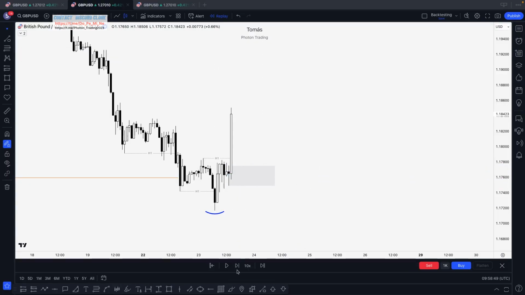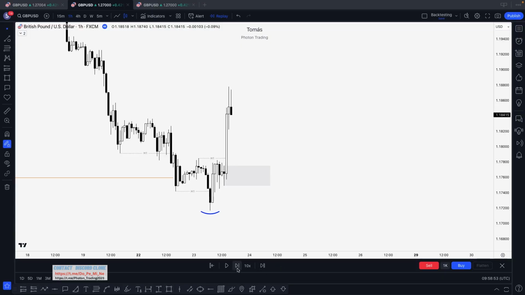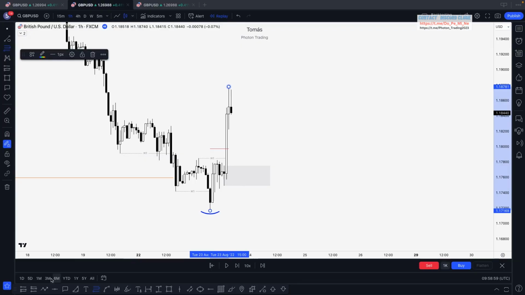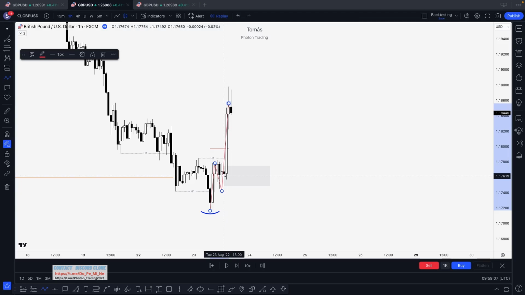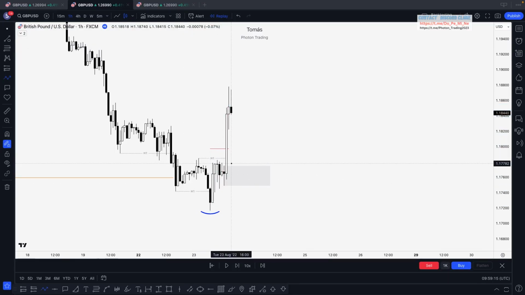If you notice, this clean POI, let me see, okay, the pullback is probably going to start. So this POI is at the discount, right? It's not only that, it's also a flip: price push up, mitigate supply, push back down and push back up again. So this is a very valid demand at the discount right after the shift in structure on the H1.